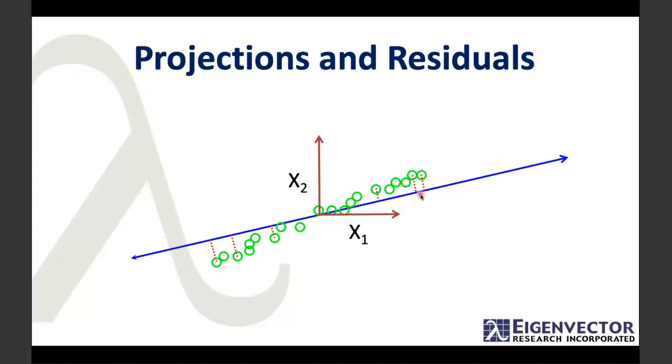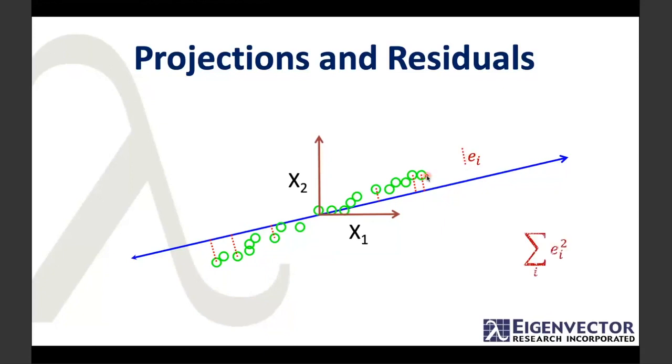So I've got 6 of my data points here that I've drawn projections from the data point to this blue line. I'm going to represent each of these dashed lines as E sub i, residual or error or lack of fit. And I'm going to be interested in the length of each of these.